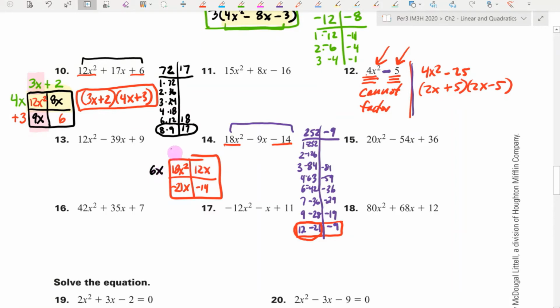So 6x times 3x gives you 18x squared. And then 6x times 2 gives you 12x. And then 3x times some number gives you 21x. So that would be minus 7. So we have 6x minus 7 and 3x plus 2.